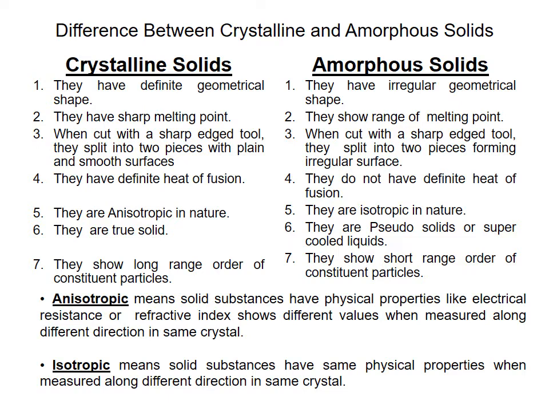Hope you have understood all the differences between crystalline and amorphous substances. Now see it in your frame in the video and try to answer it or write the question for it: what is the difference between crystalline substances and amorphous substances, which is very important from your examination point of view.